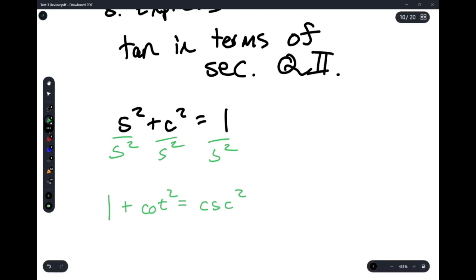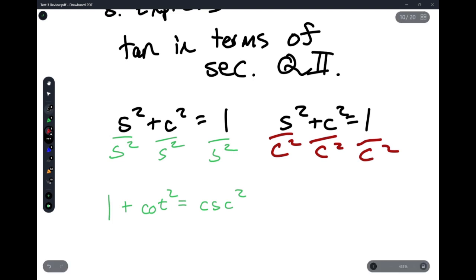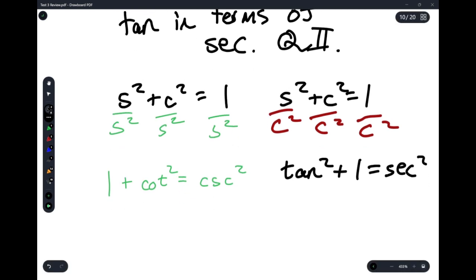All right, then do it again. Sine squared plus cosine squared equals 1, but do it for the cosine, the next one. Divide by cosine squared, and we're going to get tangent squared plus 1 equals secant squared. And now do it for the 1.